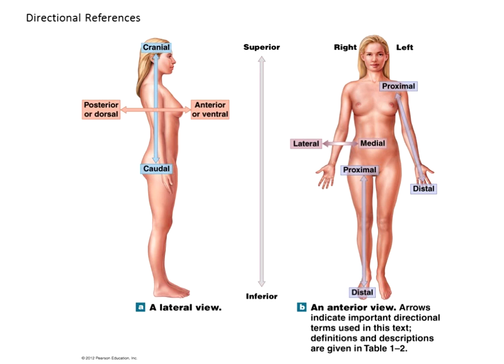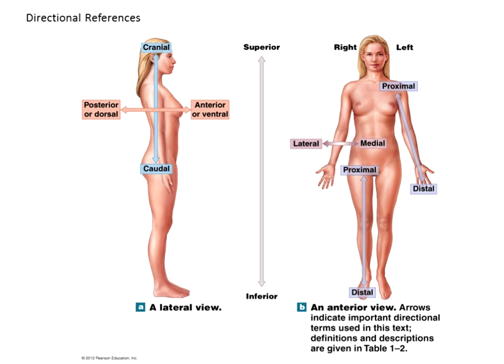So we are going to always refer to things as either closer to the midline of the body or further away from the midline of the body. So proximal means it's closer to that connecting joint, or distal means it's further away from that connecting joint. So my fingers, while they might sometimes be inferior to my head, are always further away from the hip or shoulder joint than the elbow.